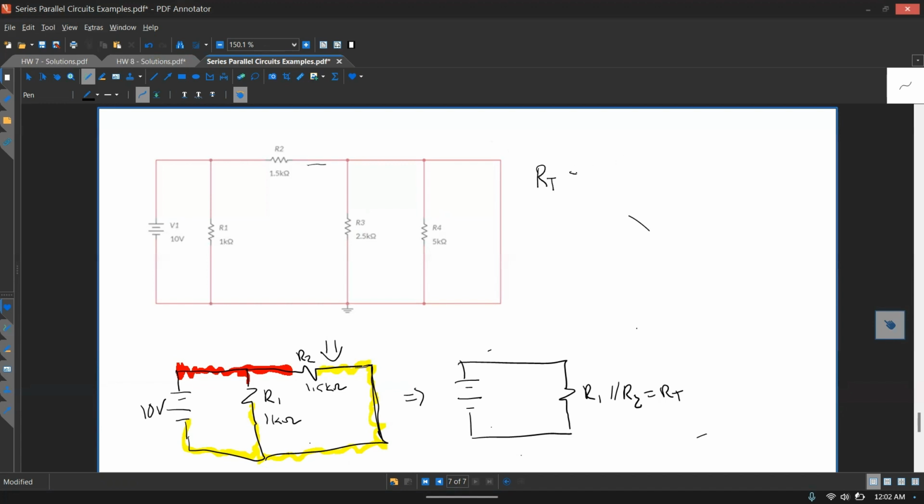R total is going to equal your 1 kilo ohm times 1.5 kilo ohm divided by 1 kilo ohm plus 1.5 kilo ohms.